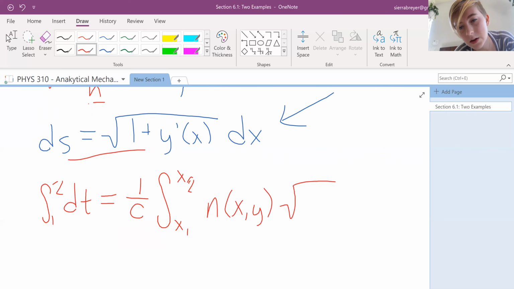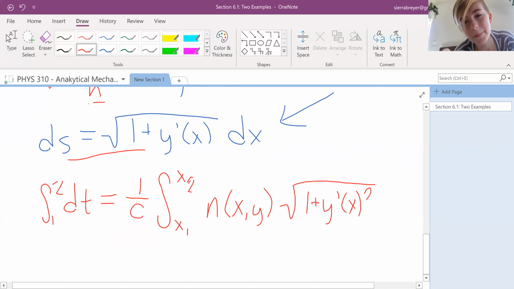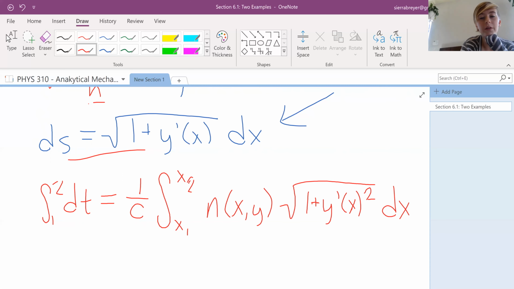So we're getting the square root of 1 plus y prime of x squared, times dx. And that is a doable integral, given that you will know your function of n.